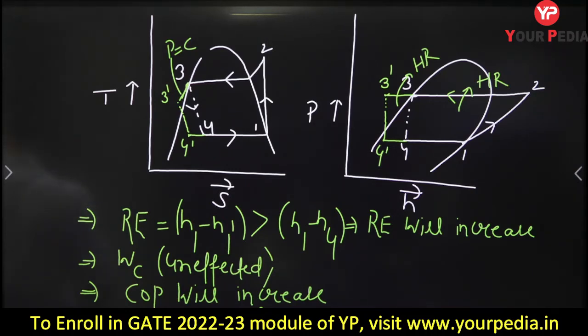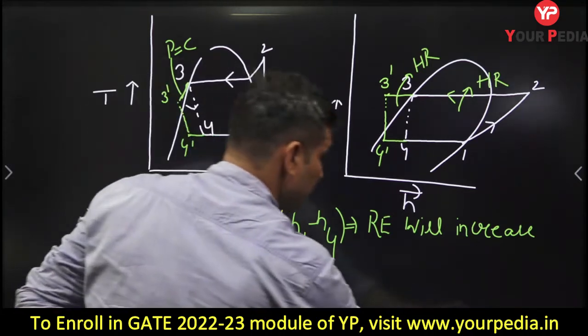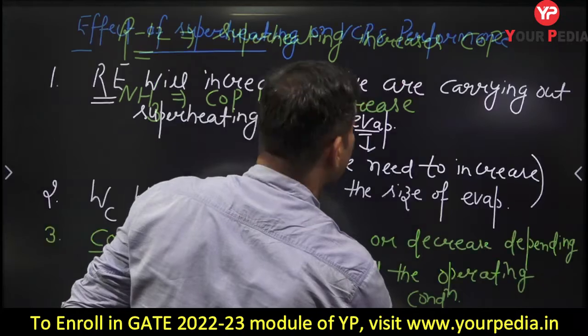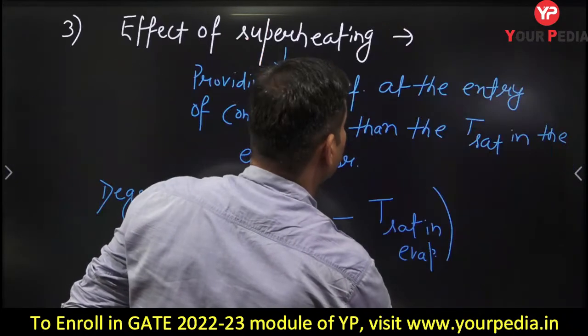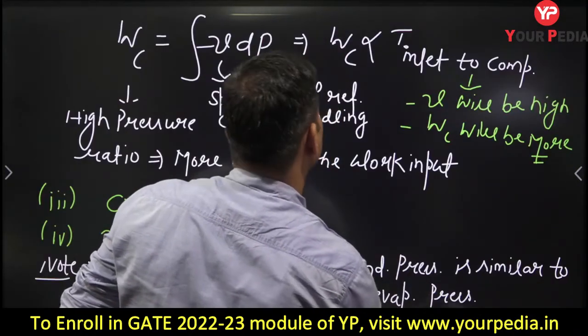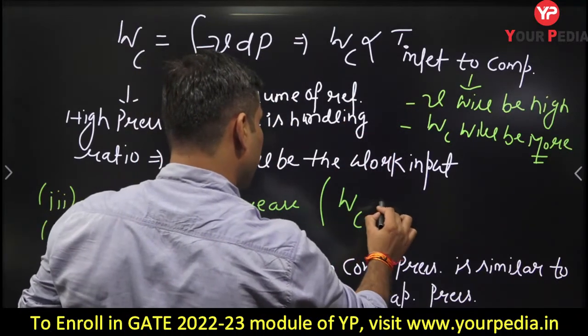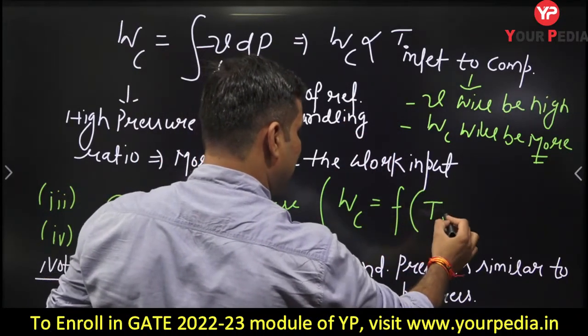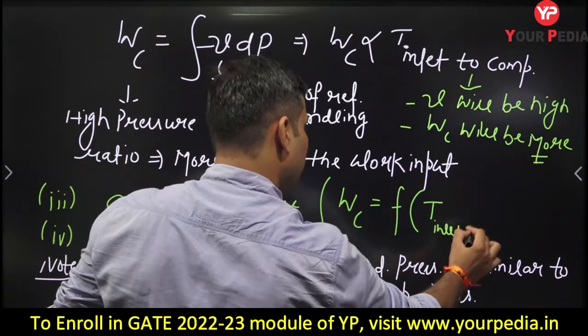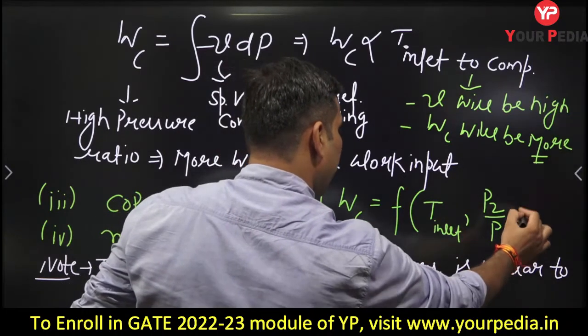I think these points are very clear: decrease in condenser pressure, increase in condenser pressure, effect of superheating. What do you mean by dry compression, wet compression? तो यहाँ पे आप एक पॉइंट लिख सकते हो, I mentioned here: WC is a function of the inlet temperature, pressure ratio and gamma.